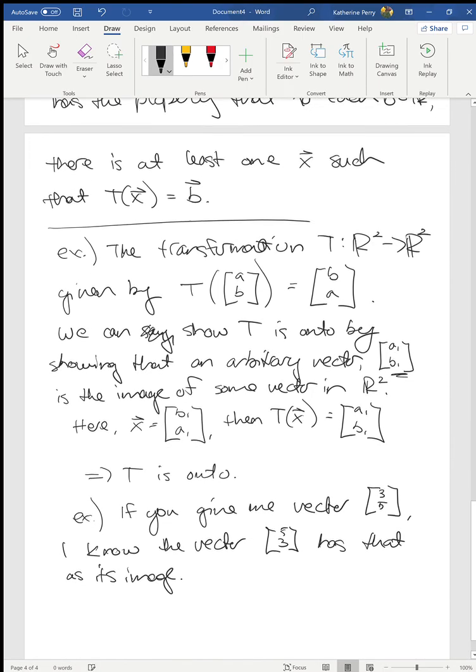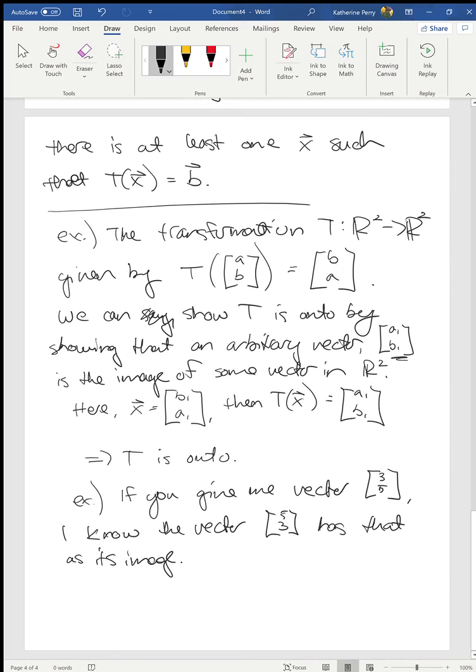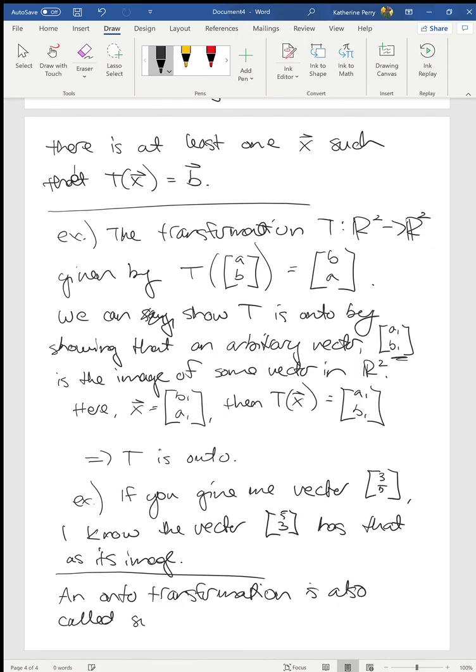Okay, and the last thing I'll say here is there's also a mathematical word for being onto, and that is surjective. So an onto transformation is also called surjective. That's a J.